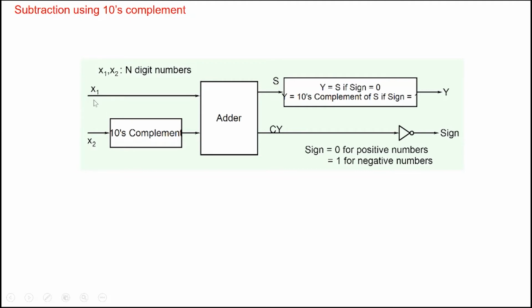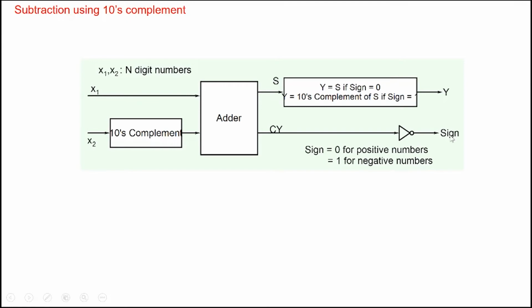So the idea is we are trying to do x1 minus x2. You take the tens complement of x2 and feed it into an adder. So you're adding up x1 and the tens complement of x2. When you add up two numbers, you get a sum and a carry. The carry is fed into a NOT gate, which inverts it.